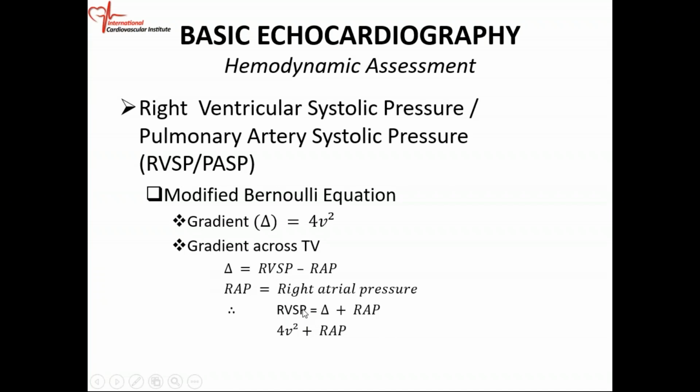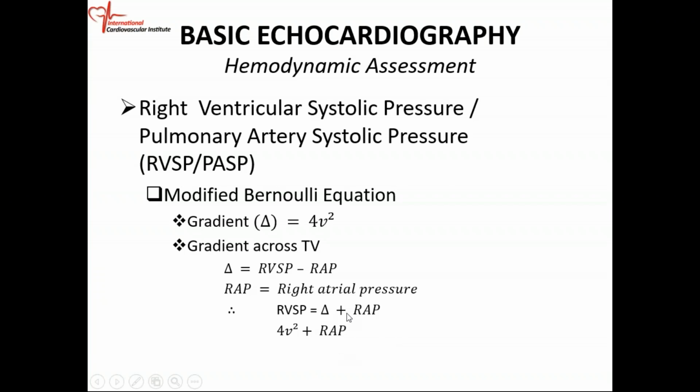So the RV systolic pressure is equal to the gradient plus the right atrial pressure. Once you have the TR velocity, you square it and multiply by 4, and you get the gradient. So all you need to do is add the right atrial pressure to that, and you get the RV systolic pressure. And in essence, as long as there is no obstruction at the right ventricular flow tract, you get the pulmonary artery systolic pressure.